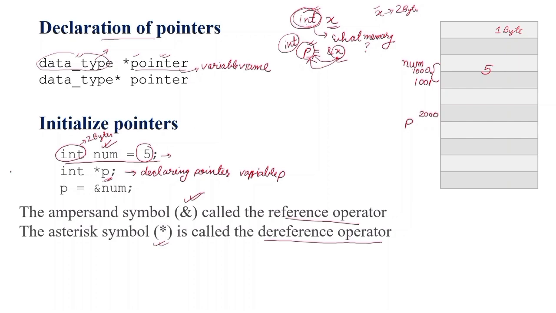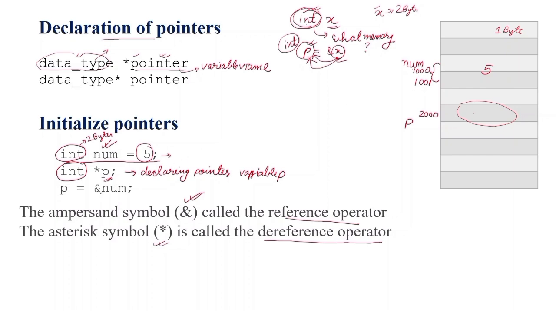Now what data type is p? P is of int data type. So what does this int say? Int says that whatever address you are going to store in this p, this address will always be of an integer variable.